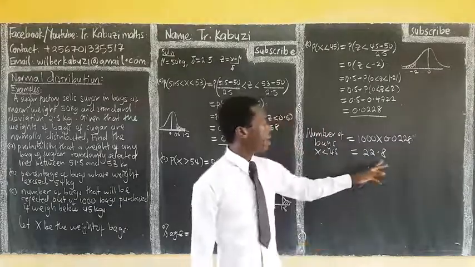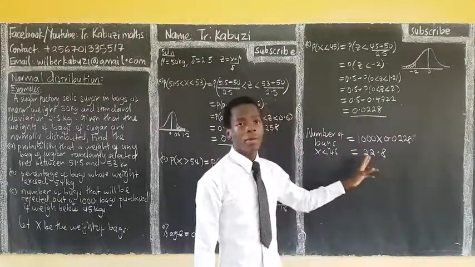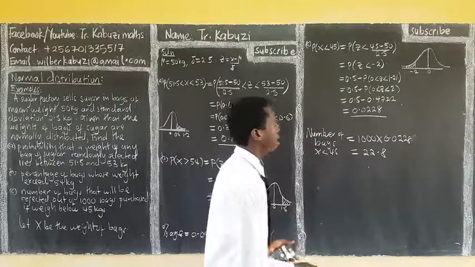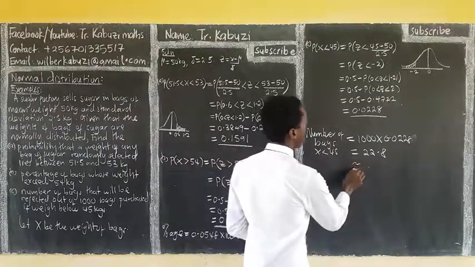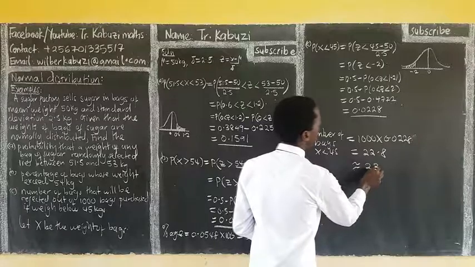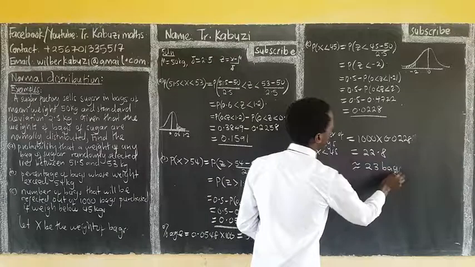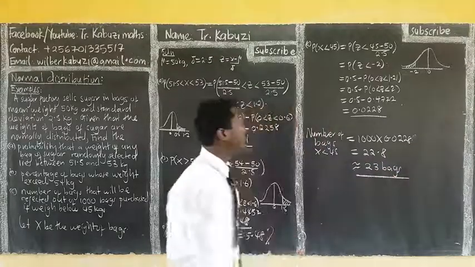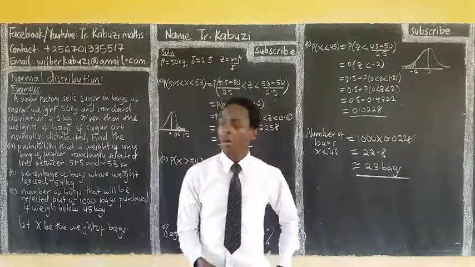When you have a decimal, we round off to the next integer, which is 23 bags. That will be the answer. So that's how we expect a full question of 12 marks.